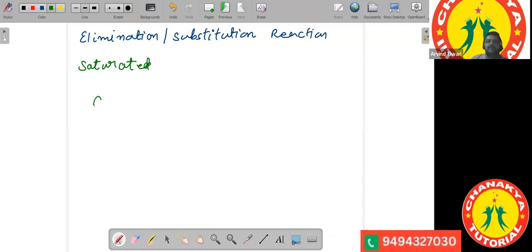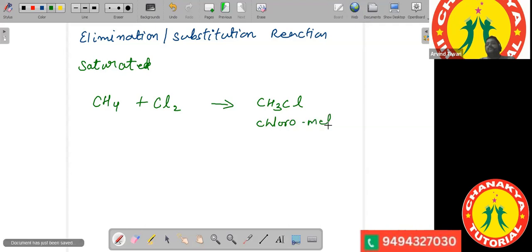So they go for the substitution or elimination reaction. For example, CH4. If you add chlorine to CH4, it will turn out to be CH3Cl. Its name is chloromethane. This is its IUPAC name, chloromethane, and you will also get hydrogen.